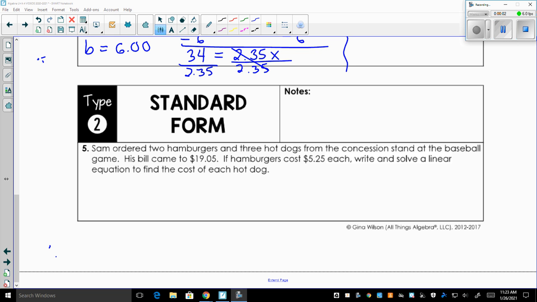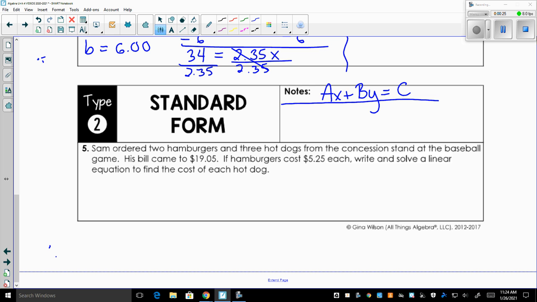The next type of word problem we are working on is word problems relating two different objects to each other. So this is best used with standard form. Let's recall that standard form is ax plus by equals c, and a, b, and c are numbers.